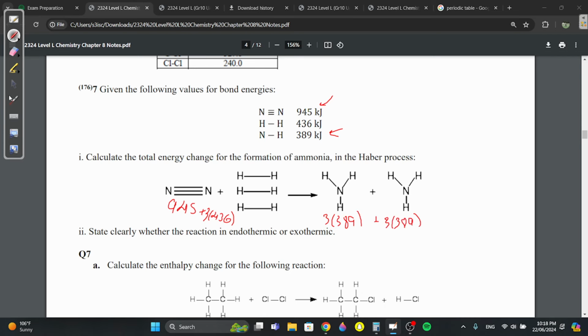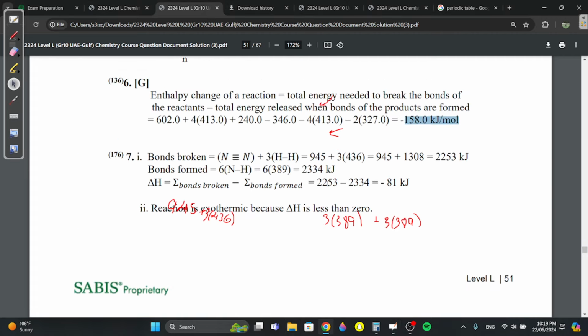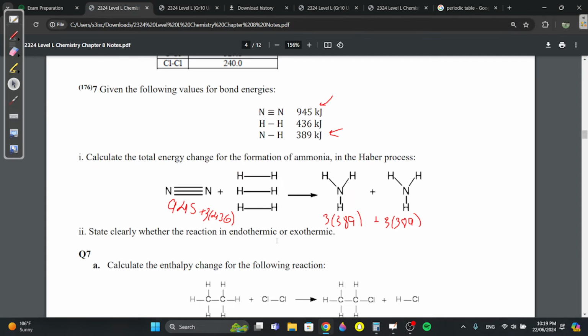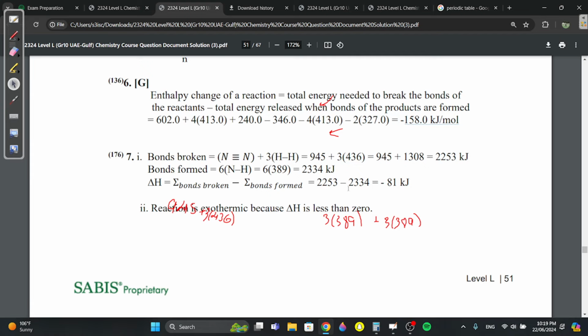Put them in a calculator. You get the bonds broken. Then 6 times 389. Subtract reactants minus products. You get negative 81. Is it exothermic or endothermic? Since delta H is negative, it's going to be exothermic.